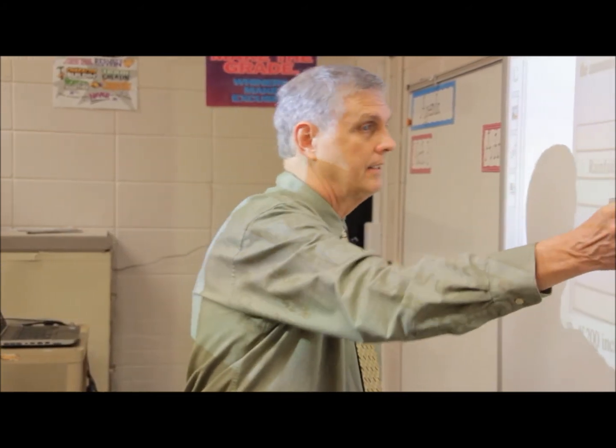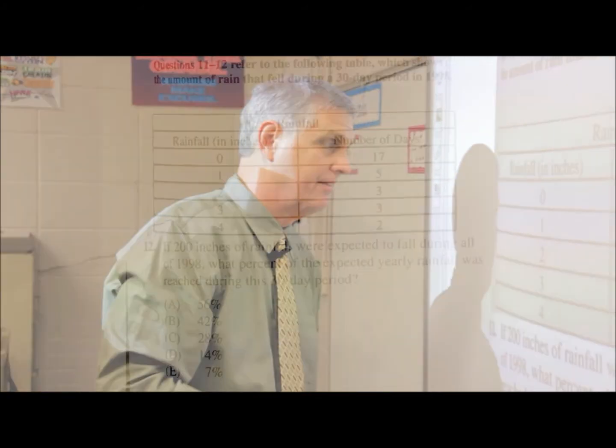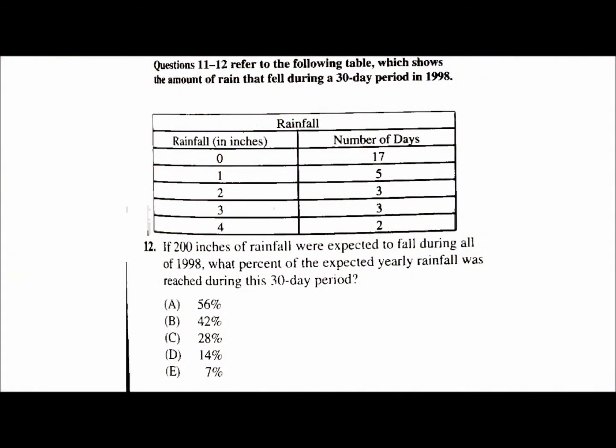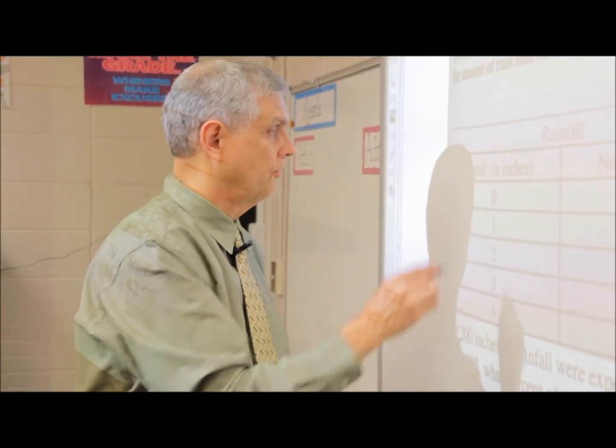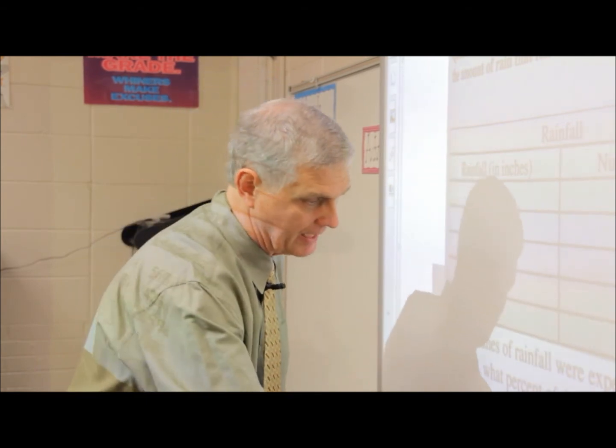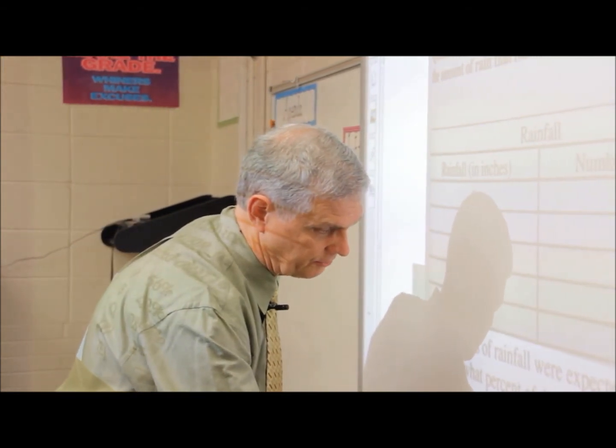Okay, let's first of all make sure we know how much rainfall we had in that 30-day period. Well, you see that the first 17 days you didn't have any rainfall. Now what you have to be careful here, you don't want to just add up these numbers right here and say that's the rainfall, because this is how much rainfall you had each of those days, okay? So it would be 5 times 1 in the first case, so we've got 5 inches.